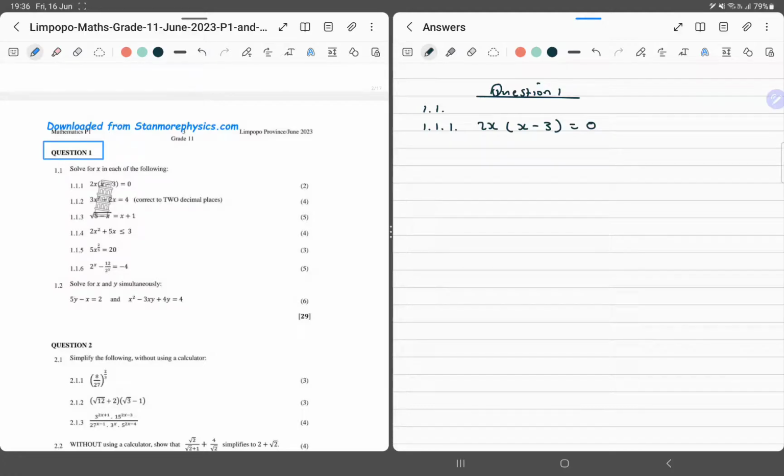So this quadratic is already factorized. So once it's in factors, we know that 2x is equal to 0, or x minus 3 is equal to 0. All right. And therefore, we know that x is going to be 0, or x is going to be equal to 3. Okay. So that is what you do.